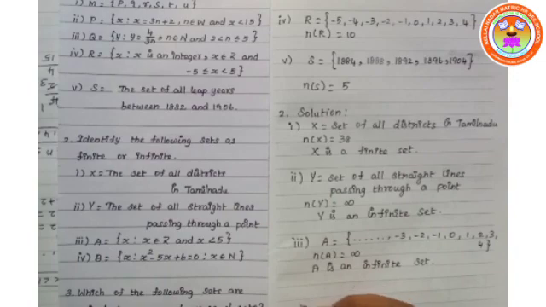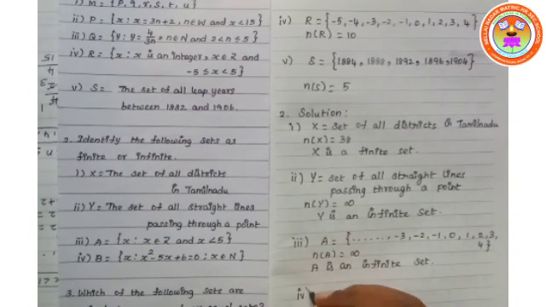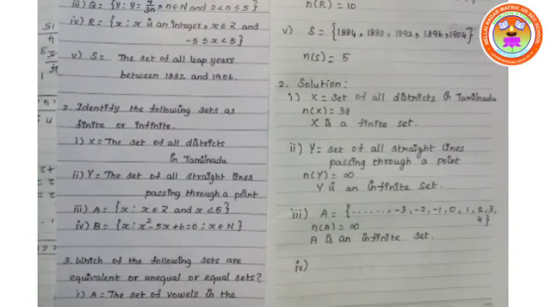Now the fourth one. B is equal to the set of all x such that x squared minus 5x plus 6 equal to 0 and x belongs to N. N means natural numbers. So we have to take the values of x from the natural numbers that satisfy this equation.